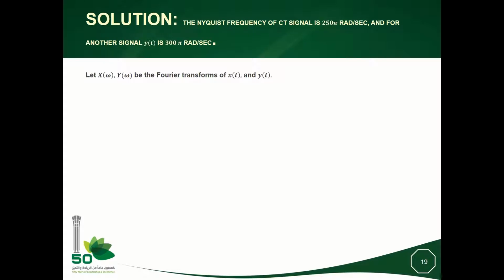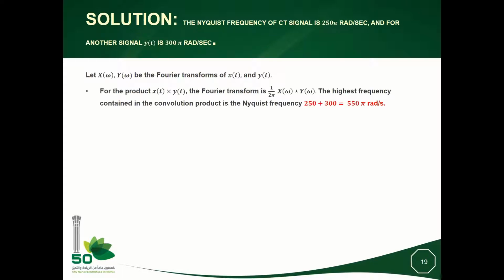To answer these questions, we will note X(ω) and Y(ω) to be the Fourier transforms of x(t) and y(t) respectively. So now the product in time, x(t) times y(t), has a Fourier transform which is equal to 1/2π X(ω) convolution Y(ω).